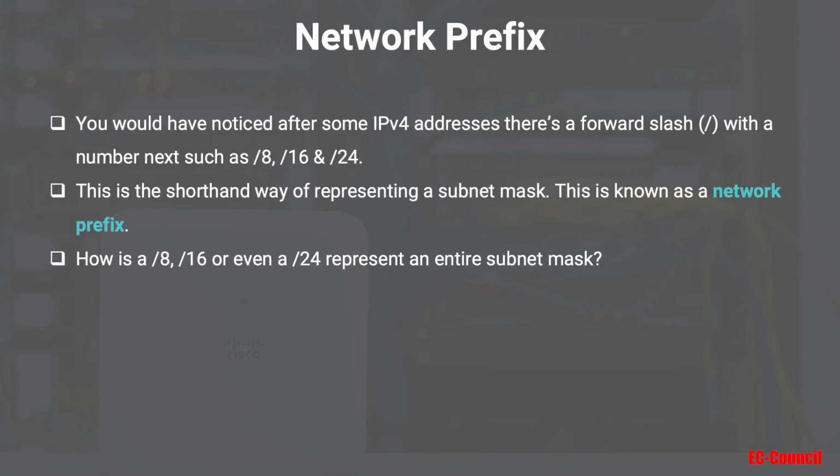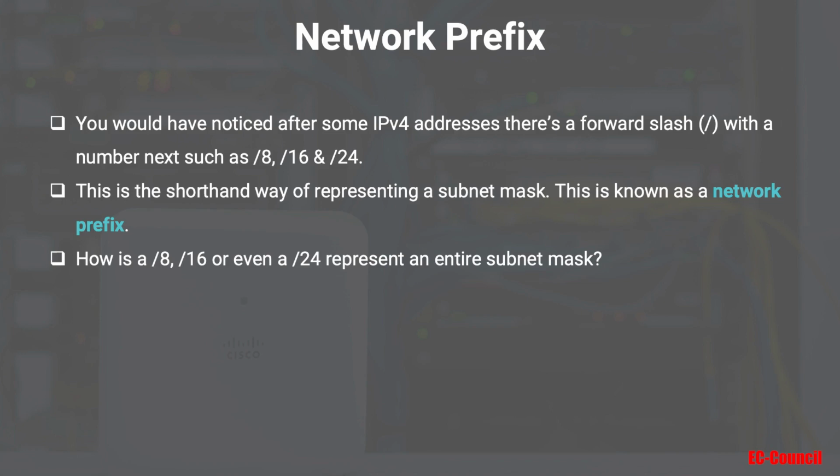A very important key terminology to remember is, what is the network prefix? Well, I'm pretty sure, perhaps by reading a book or doing some research online, you'll notice that after an IP address, you will see a slash with some numbers. So, for example, let's imagine you have an IP address of 192.168.10.16, and then you'd see /24.